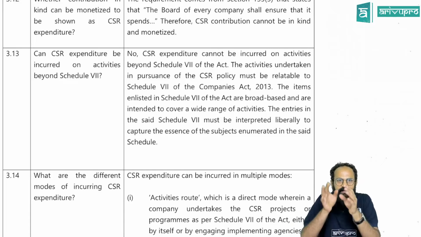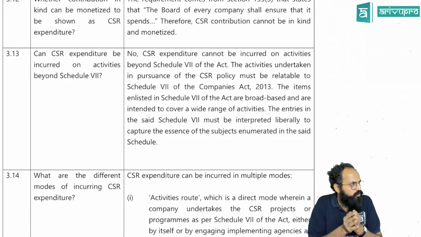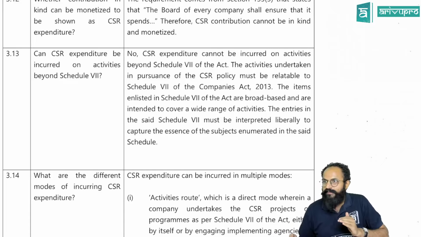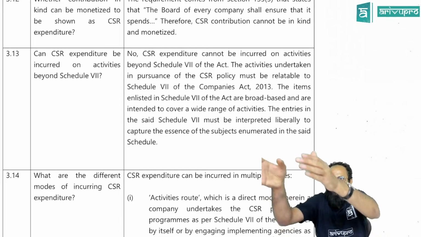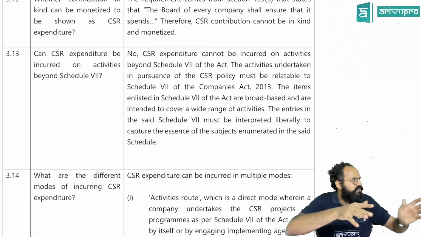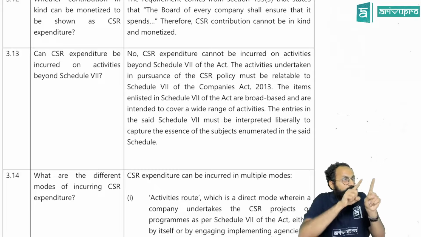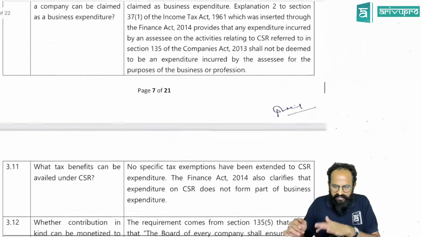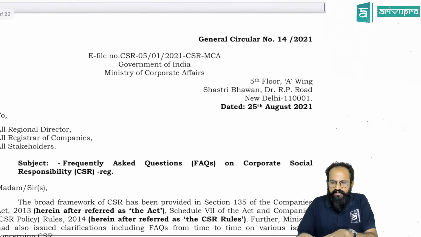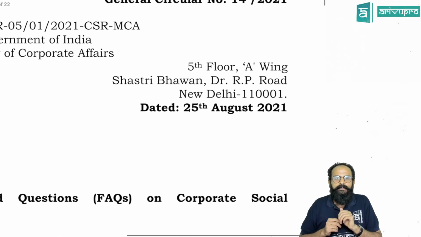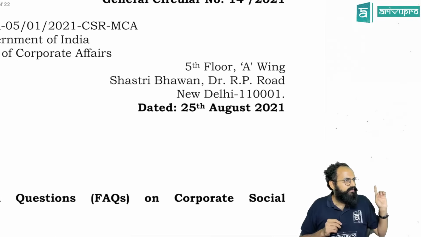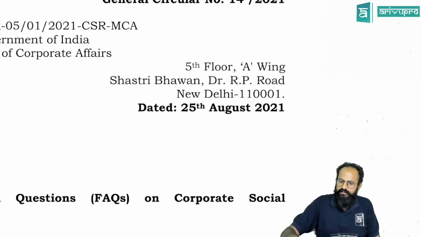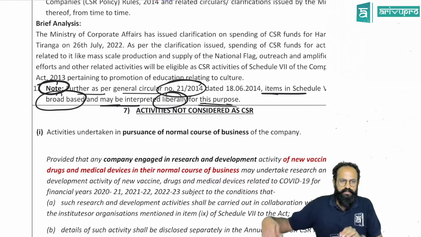For example, you can spend it on rural sports. I will not enlist everything. If you want to spend on kabaddi, if you think kabaddi is a rural sport, then spend it. But it should be something related to this schedule. Is this clear? This clarification was given in 2021, again by MCA only. All of you understood? Yes, sir.